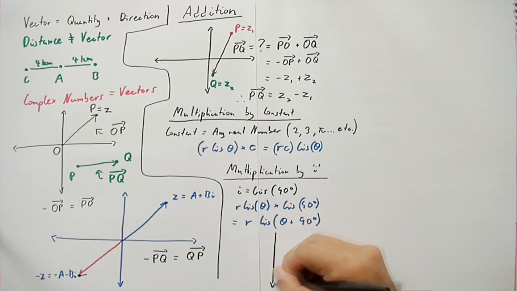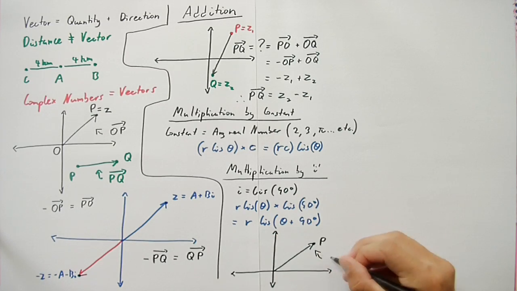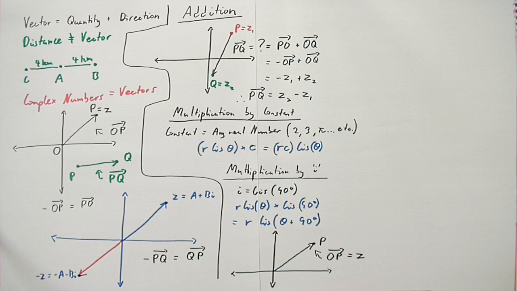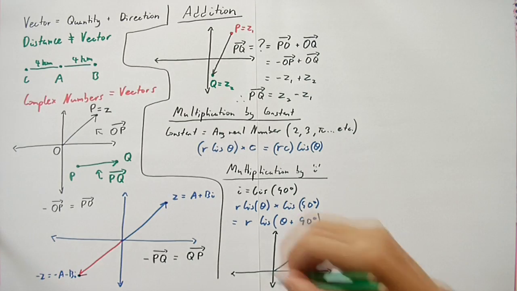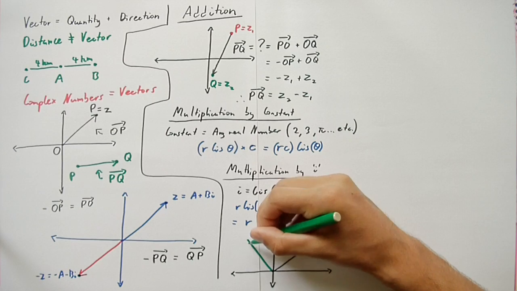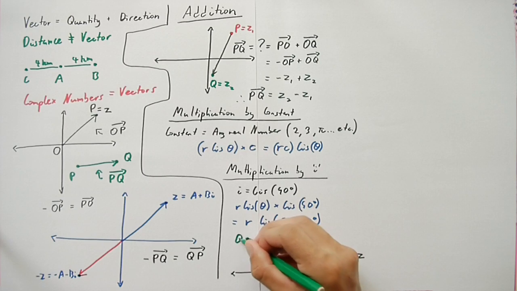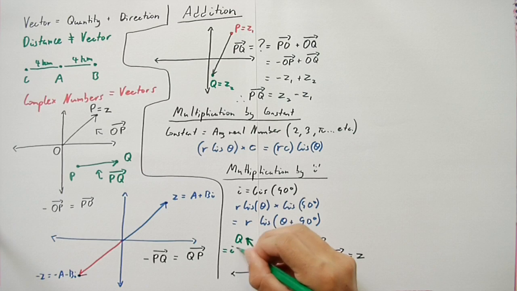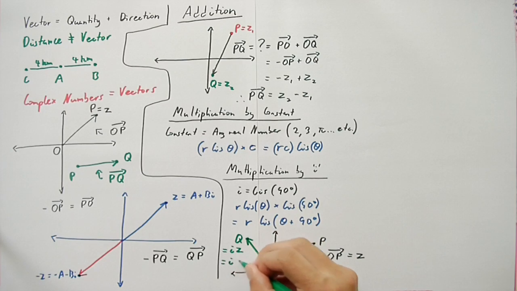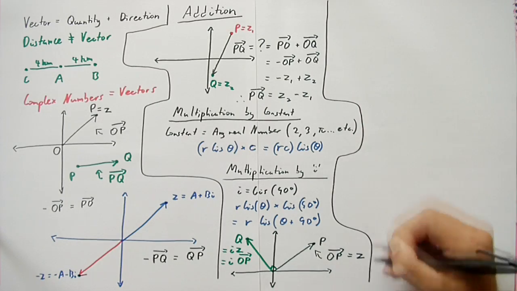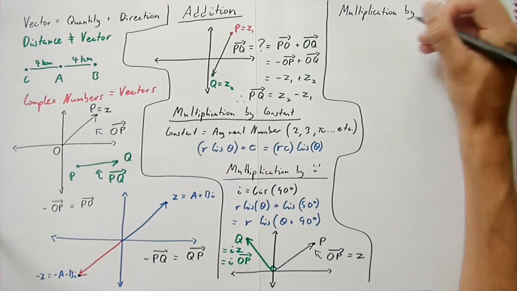For example, if I take the vector OP, which represents the complex number Z, then multiplying by i will rotate OP 90 degrees like this in our complex plane. And now if I call this point Q, it's equal to i times Z, which of course equals i times OP. Now let's amp it up to the next level. What if I want to multiply by cis theta?